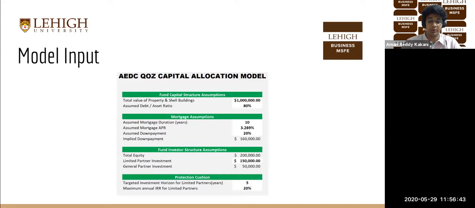And so this is the input model for the model that we used. It helps explain the rules in a much better way. The boxes which are in white is what our client will be using to input his characteristics for how he plans to run the project and the different stress tests and different situations.